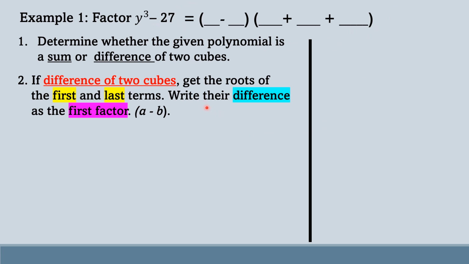So what we're going to do? Get the roots of the first and last terms. Our first term is y cubed, and the cube root of that is y. Our last term is 27, and the cube root of that is 3. So we have here our first factor, the quantity of y minus 3.